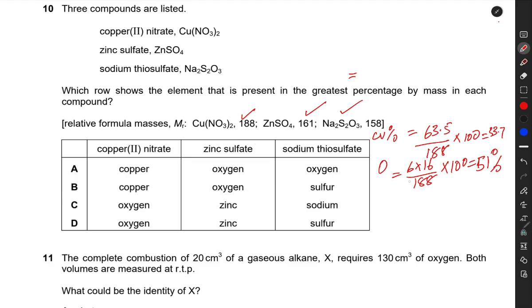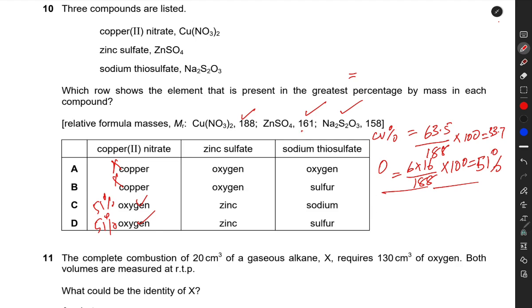So in copper 2 nitrate, oxygen is in excess, so 33% is incorrect. 51% and 51%. Let's calculate the others.